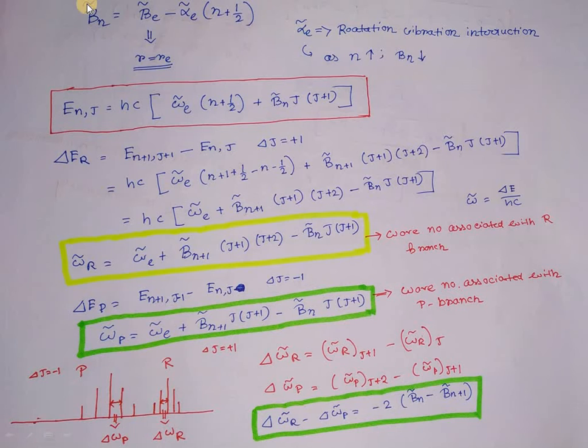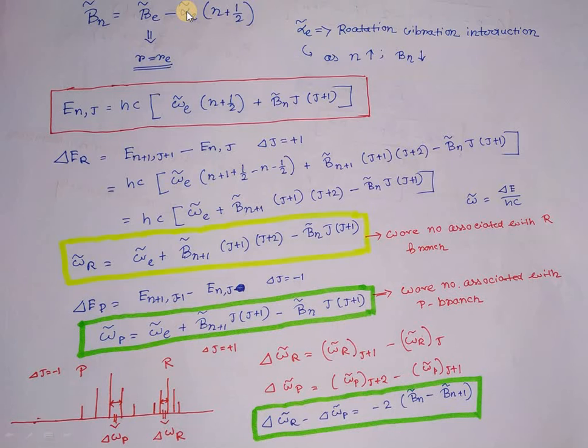Here we can express this dependency by the equation Bn bar equals Be bar minus alpha e bar into n plus half, where Be is the rotational constant at the minimum of the potential, that is R equals Re, or we can say when the bond length is at the equilibrium bond length, or when the potential energy is 0, the bond length corresponding to that state is called Re. So at R equals Re, the corresponding rotational constant is Be.